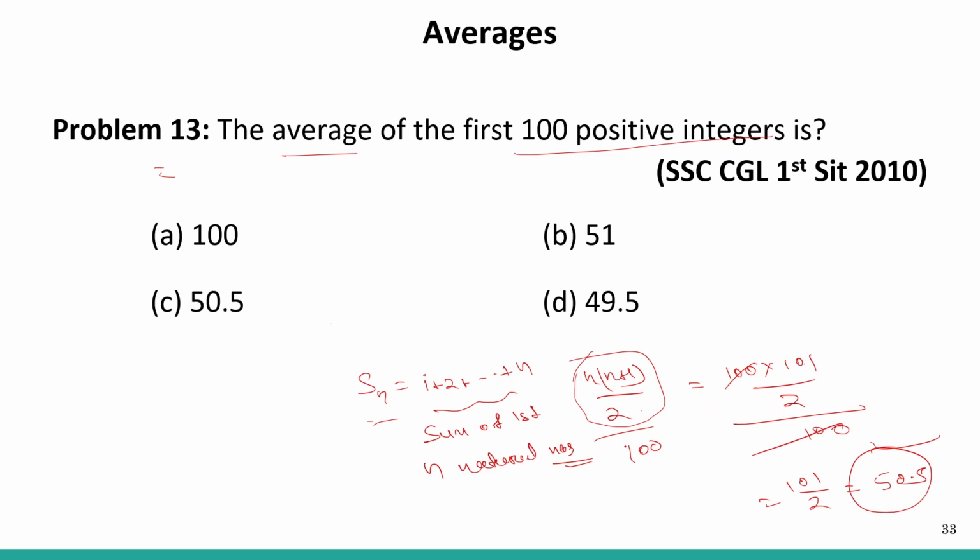To find their average we divide by 100, and the 100 in the numerator and denominator cancel out. What we are left with is 101 by 2, which is 50.5. So 50.5 in option C is the correct one. 51 is wrong, 49.5 is wrong, and 100 is also wrong.